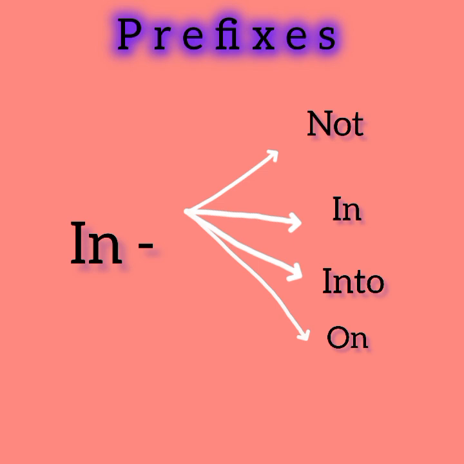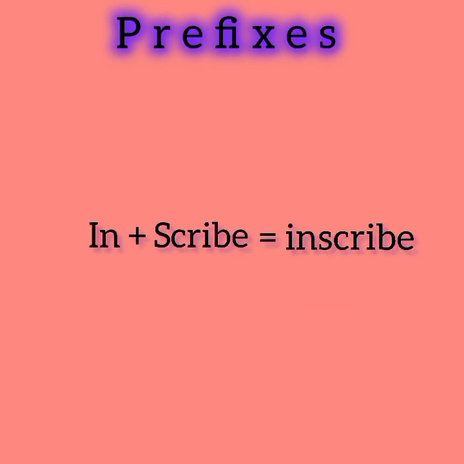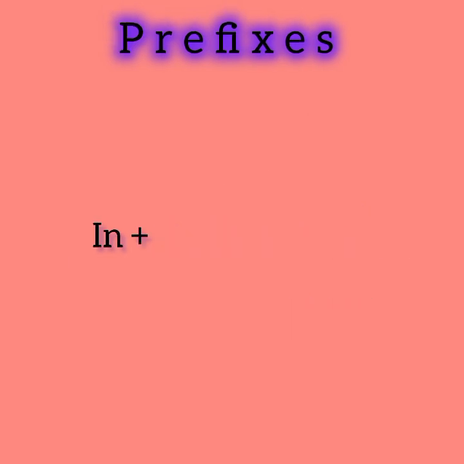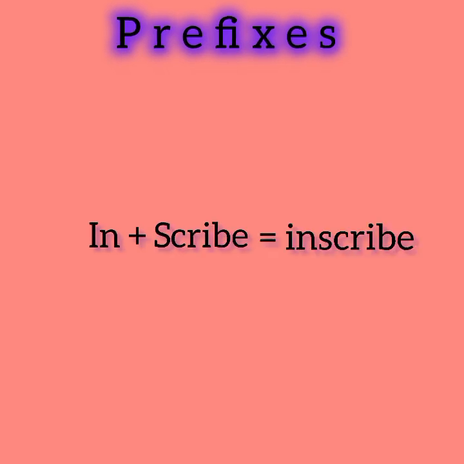Now just have a look at the word inscribe. The word inscribe is a combination of the prefix in and the word scribe. The prefix in, while combining with scribe, does not create its opposite. Rather, it contributes to the meaning of the word by showing its relationship with the word scribe, which means to write.